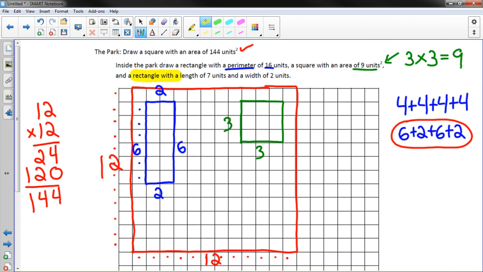I need to make a rectangle with a length of 7 units and a width of 2 units. Alright. I do that in red inside. So 7 by 2. Let's see. 1, 2, 3, 4, 5, 6, 7. 7 by 2.